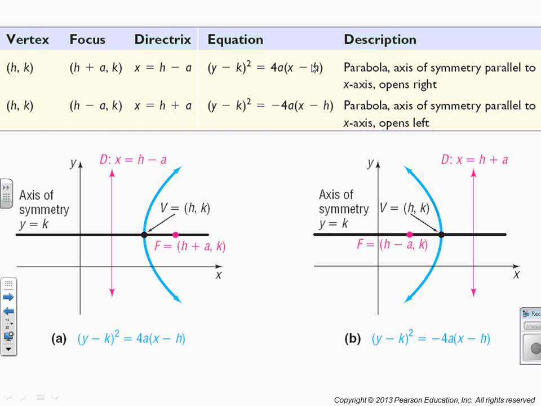So you're going to go opposite of whatever your vertex is inside of your equation. For a left opening parabola, it's going to be h minus a comma k, x equals h plus a, and we are still subtracting our h and k, except our 4a is now negative.